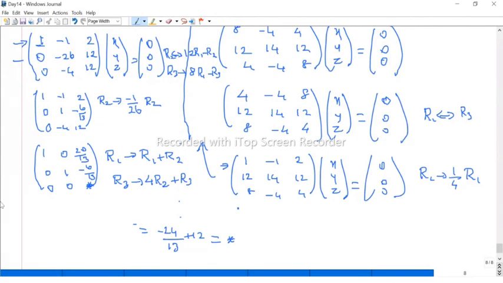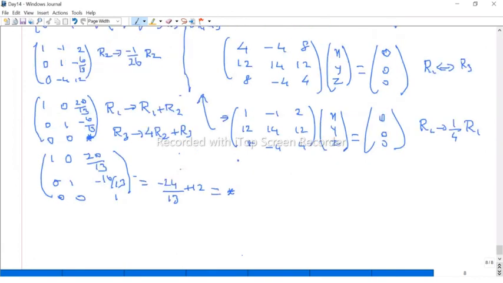So no need to find that number, because it is going to be 1. Therefore 1, 0, 20 by 13; the second row 0, 1, minus 16 by 13; 0, 0, 1, because the entire row we are going to multiply by 1 over the star. Now we get the row reduced echelon form.